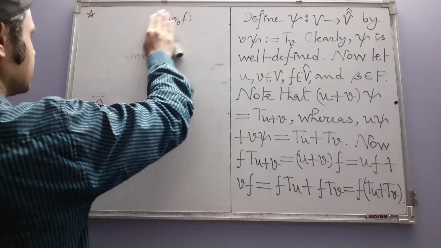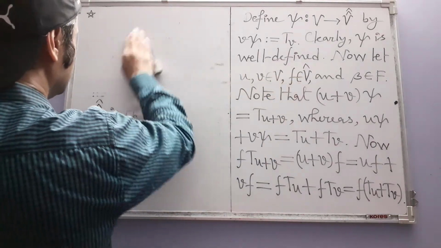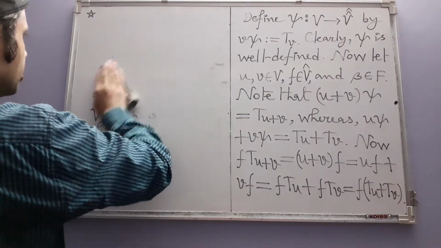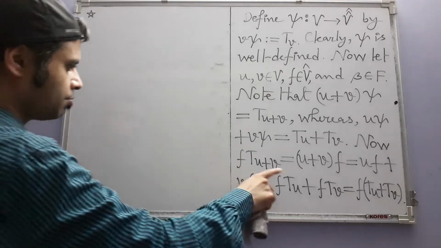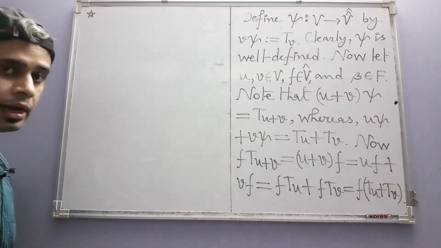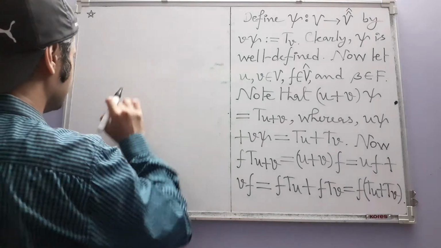But the linear functional f is arbitrary. It is any linear functional in the dual, ordinary dual. So as functions, Tu plus v and Tu plus Tv are identical because they give us identical outputs for a given input.